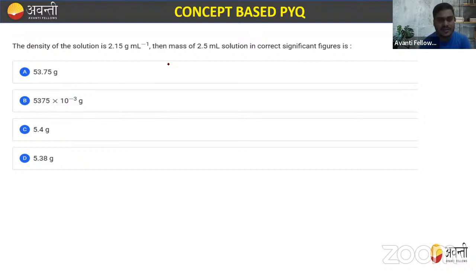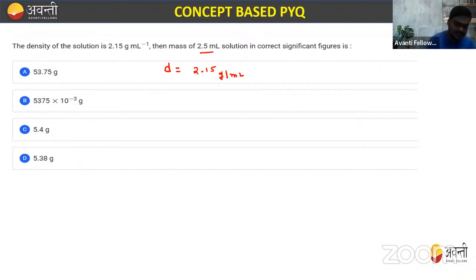So density is given. Let me write the density first. Density is given, and this is equal to 2.15 gram per milliliter, right? Then the mass of 2.5 ml solution. So you have to calculate the mass of 2.5 ml solution in the correct significant figures. Okay?